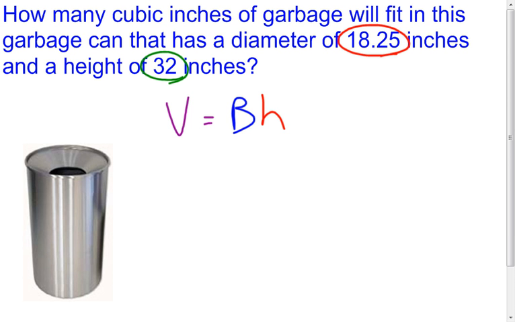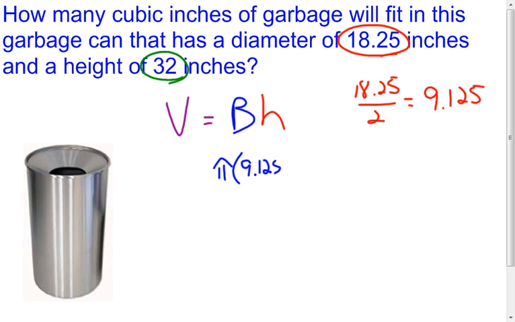So I could take that 18.25, if I cut it in half, that's going to give me my radius of 9.125. My area of my base is going to be pi times 9.125, which is the radius, squared. And then I have to multiply that by the height of my cylinder, which is 32 inches.